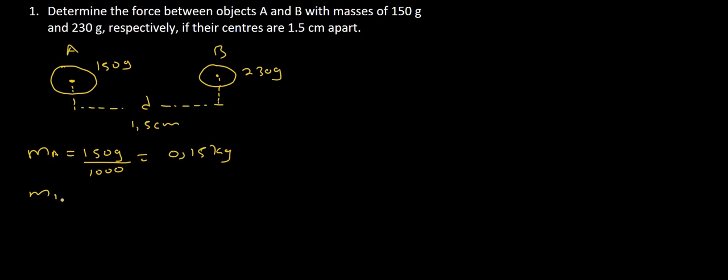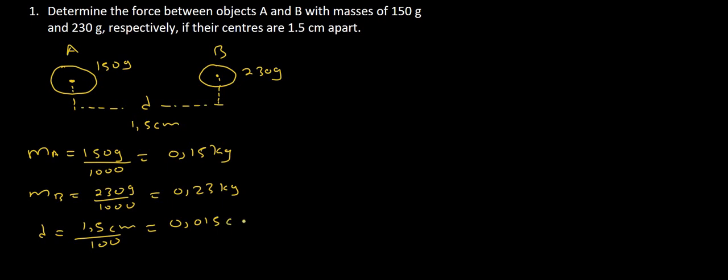Then the mass of object B, 230 gram divided by 1,000, will be equal to 0,23 kilograms. Then the distance must be converted to meter. 1,5 centimeter divided by 100 gives us 0,015 meter.